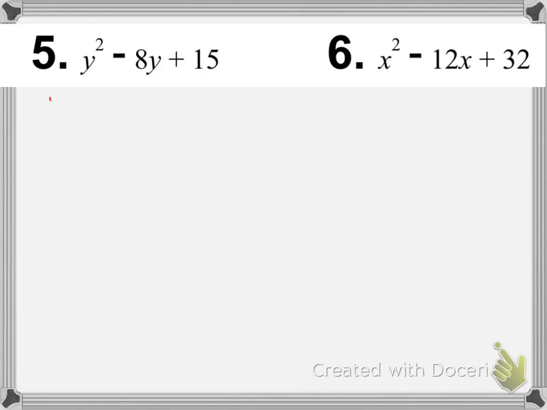Same thing with this. Magic numbers multiplied equals 15, added equals -8. So I make my table. Positive 15, either they're both positive or both negative. So I've got 3 and 5. When I add them together they equal 8, but they have to equal -8. So my factor is y minus 3, y minus 5.